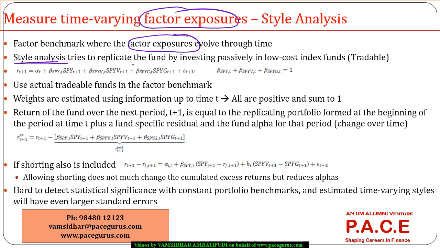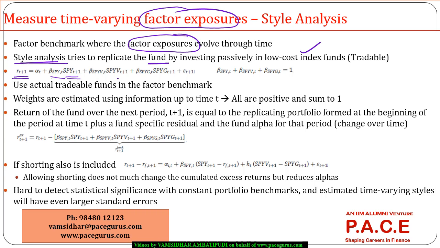And when we use the style analysis, for the fund that we are working with, the replication of the fund typically happens by investing passively in tradable, low-cost index funds. So look at the formula out here. I am talking about the return at time period t plus 1. But if you look at it, we are using the beta at time t multiplied by SPY at time t plus 1.